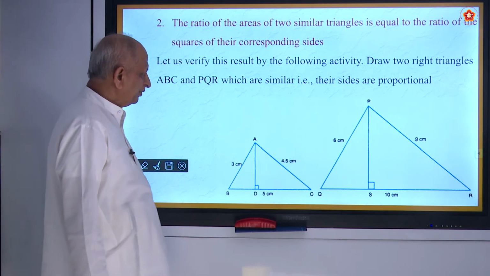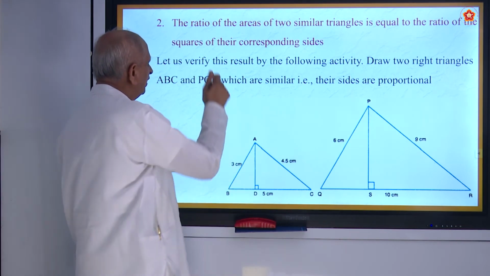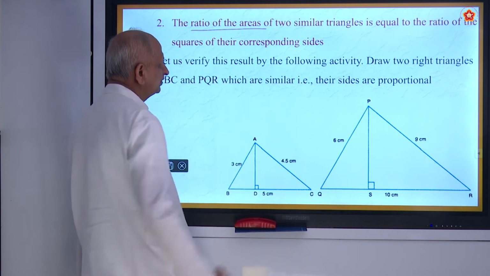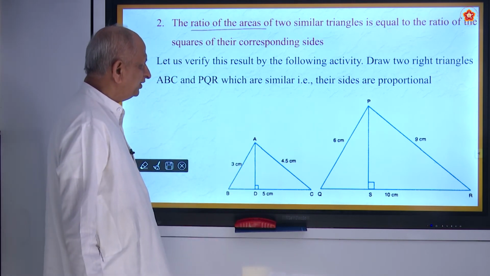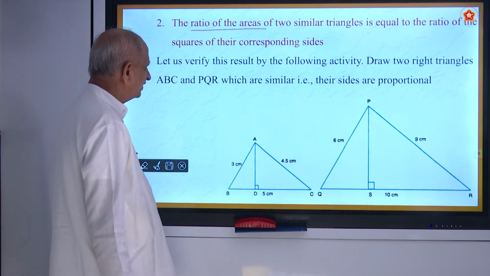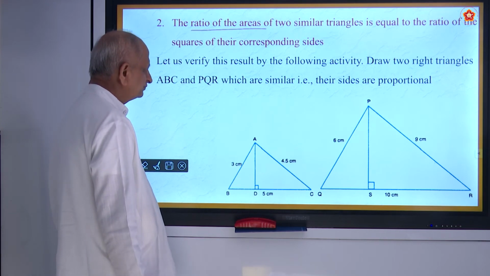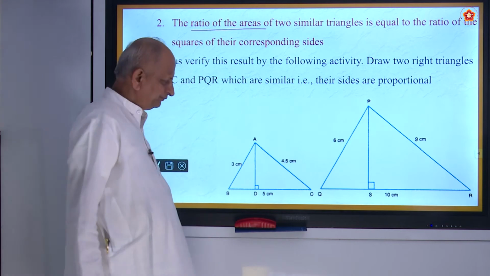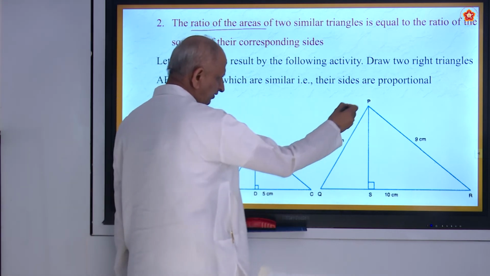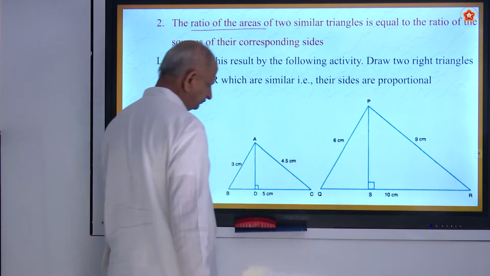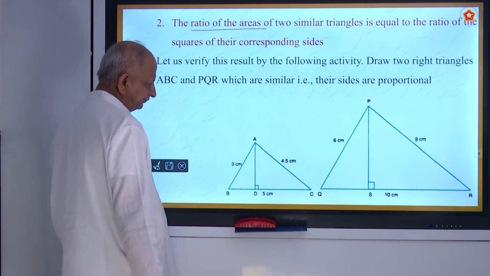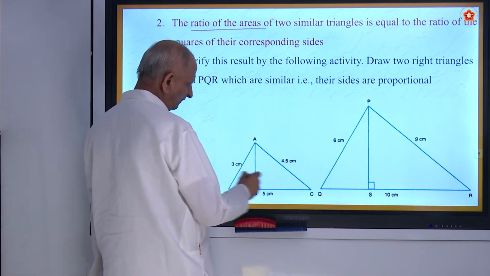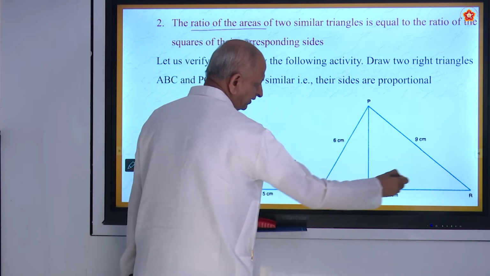Before that, we have one more interesting aspect. Ratio of the areas of two similar triangles is equal to the ratio of the squares of the corresponding sides. So that is another theorem actually. So if the two triangles are similar, then what do you get?